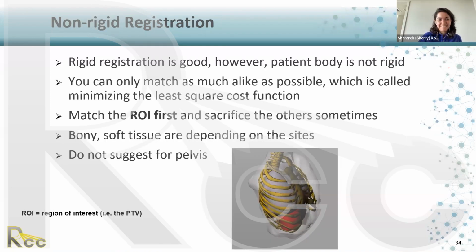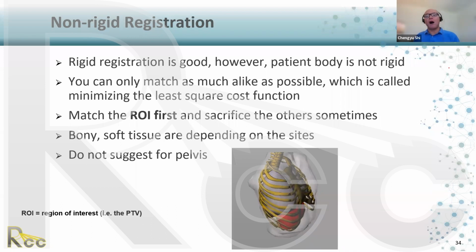So what we discussed are rigid. Rigid means only involving shifts in X, Y, Z, and rotation: pitch, roll, yaw. However, we know all organs are not rigid. There's a lot of deformation. You can see the lung motion and liver motion, those definitely deform.